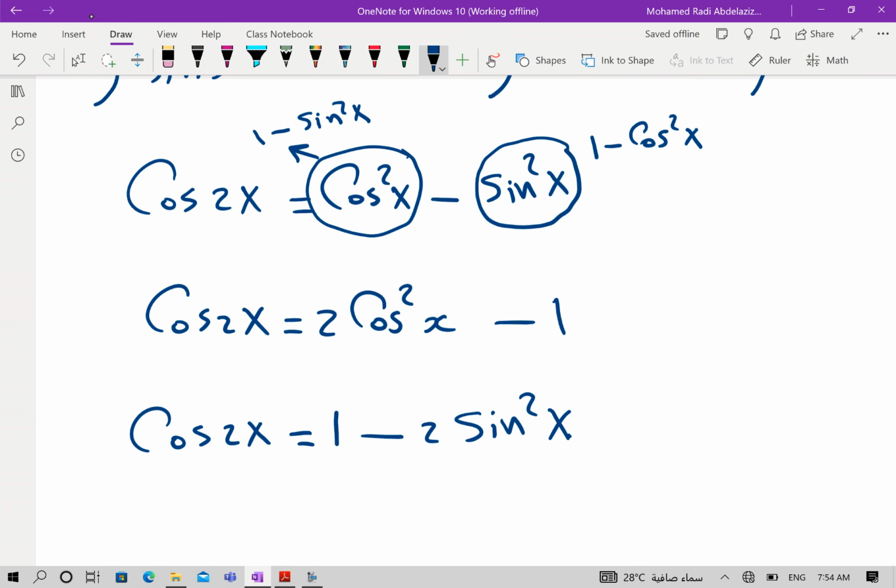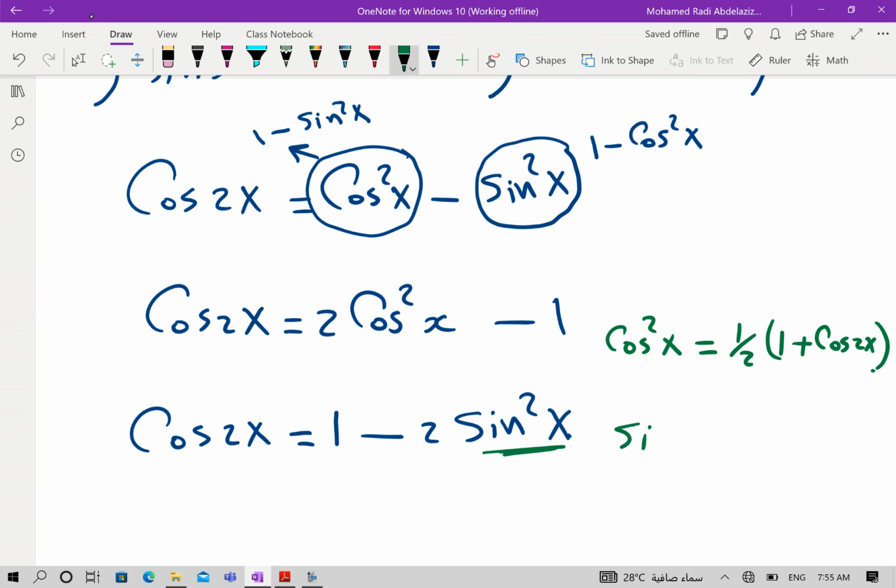From the second and the third identity, we explain how to get cosine squared x as a subject. By moving -1 to the other side it will be plus, then divided by 2. So cosine squared x is half, open bracket, 1 plus cosine 2x. The same way, you can get sine squared as a subject, but because its sign is negative, move it to the left side to be positive and move cosine 2x to the right.